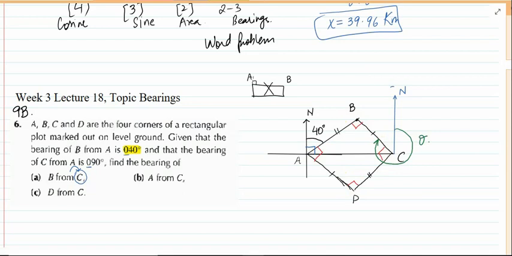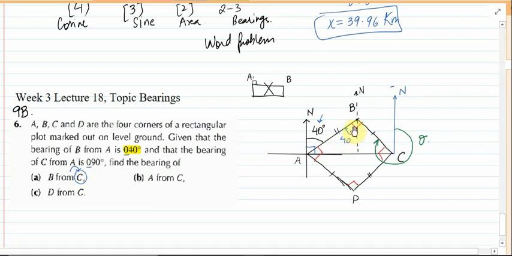Now if I make a line at B, or you can say if I highlight the north of B, the question arises why we need to highlight the north of B. The answer is that I am going to use this 40 degree angle, so that's why I need to make a Z. You can see that this line where my hand is is basically the Z. So you can apply the concept of alternate angles. If this angle is 40, this angle is also 40, right?